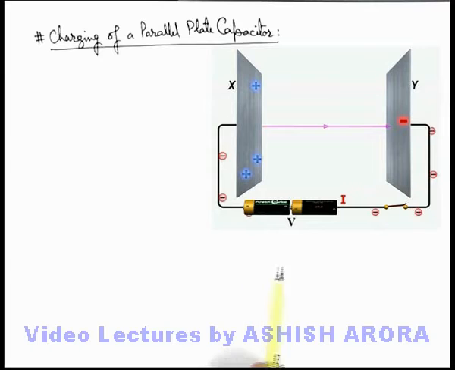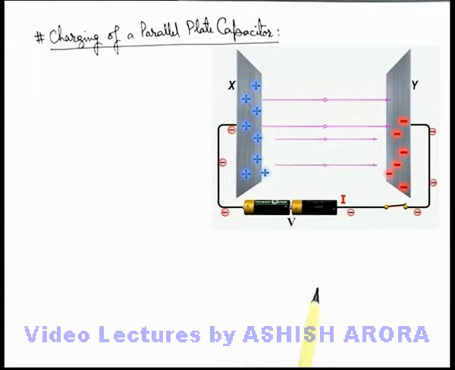And as these electrons are transferred by the battery to the plate Y, an equal negative charge will appear on the plate Y, and we can directly state these charges will reside only on the inner surfaces of the plates X and Y, and the outer surfaces will not carry any charge because the overall charge of the system of this parallel plate capacitor is 0.